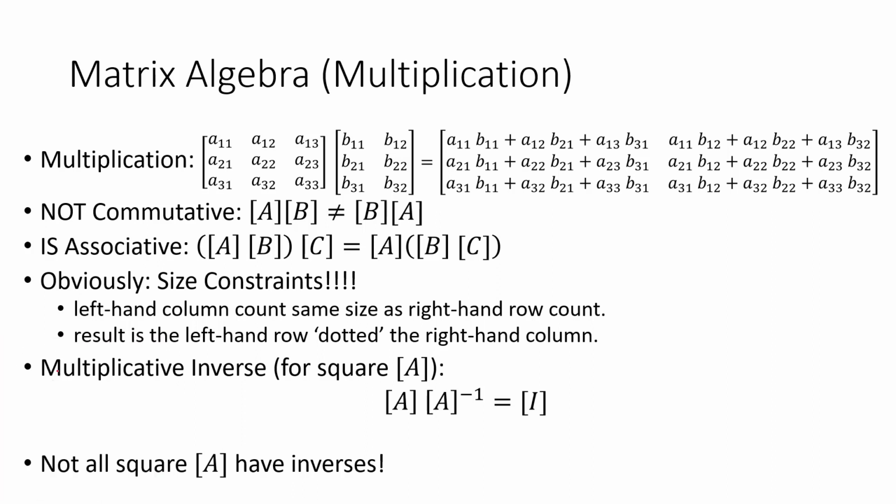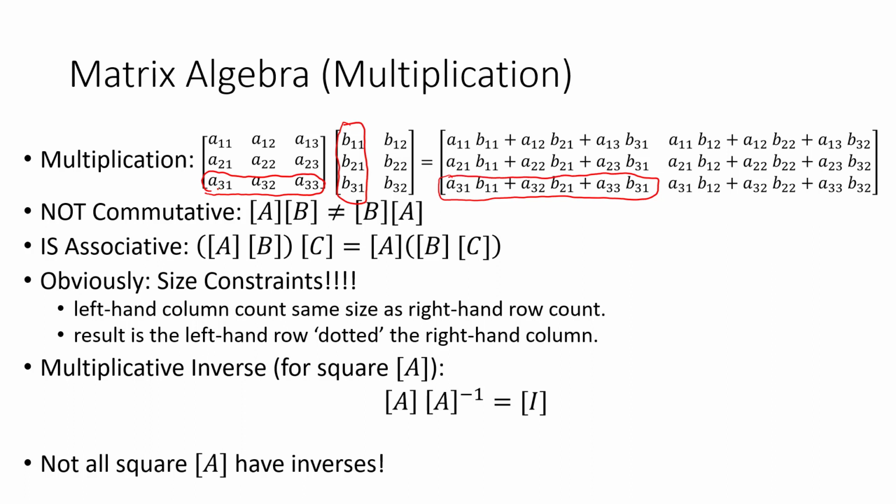Okay, let's take a different combination. Let's say third row dotted into first column. That should give the third row, first column entry in the result. Let's check it out.